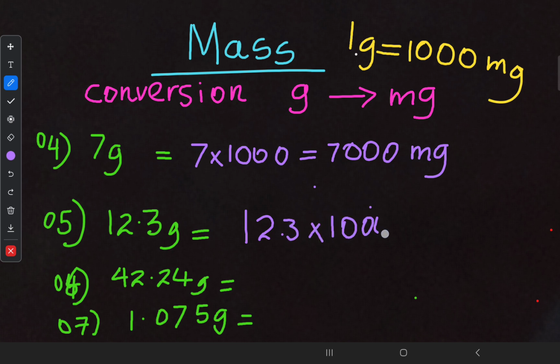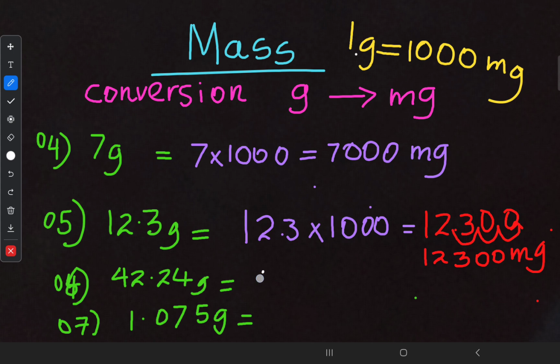While multiplying by 1000, we move our decimal 3 digits towards right: 1, 2, 3. In only one space we have a number. In the remaining spaces we fill up using zeros. The final answer should be 12,300 milligrams.